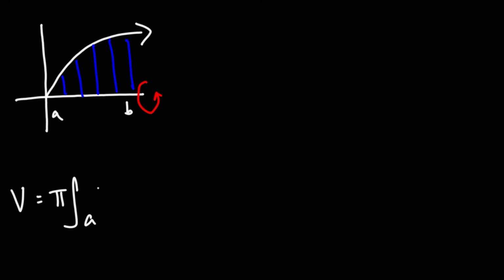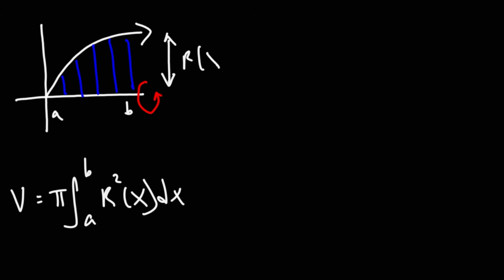So let's say we have a function that looks like this, and we want to rotate it about the x-axis, and we want to calculate the volume of the shape generated from A to B. Using the disk method formula, it's going to be pi times the integral from A to B of the radius function squared. The radius is going to be the difference between the curve and the axis of rotation.